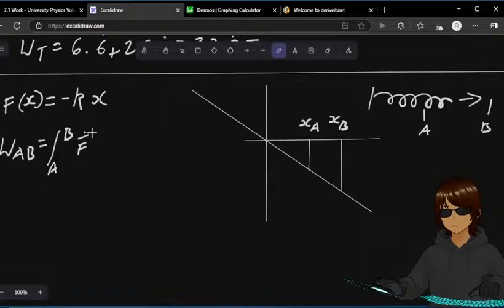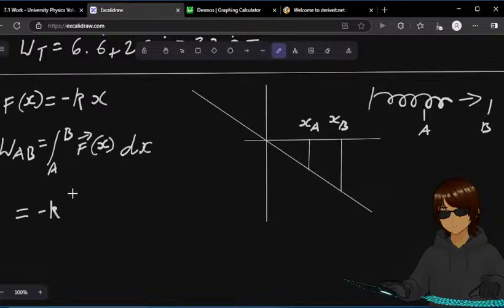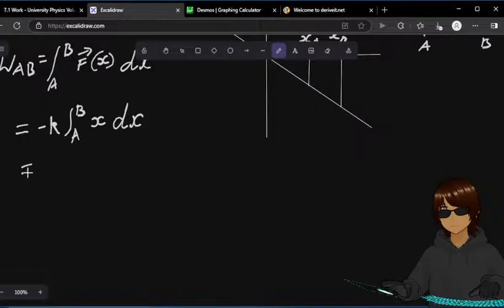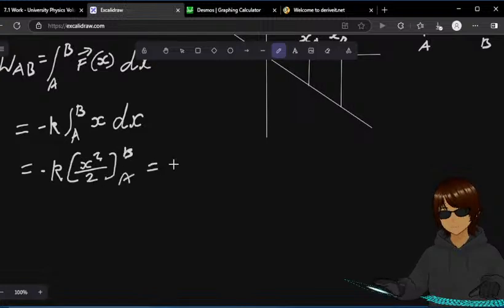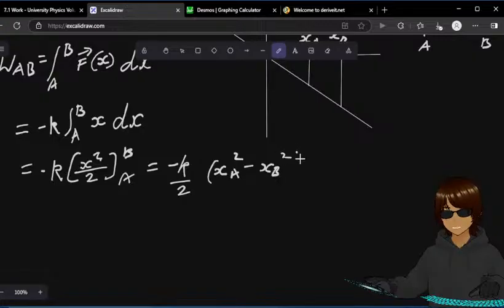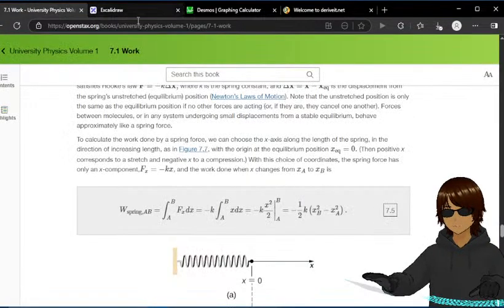So the integral of force times x at position A minus at position B. Wait, why is it reversed?